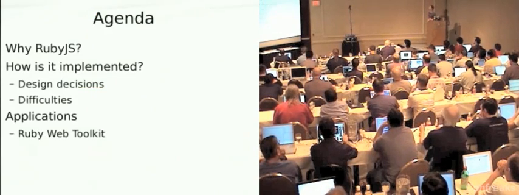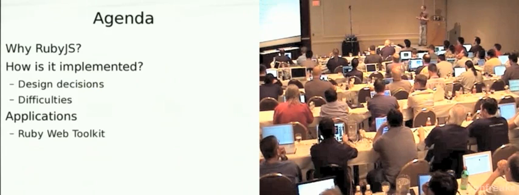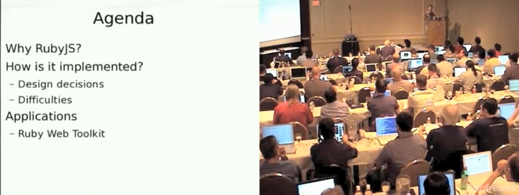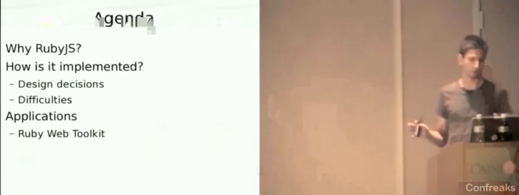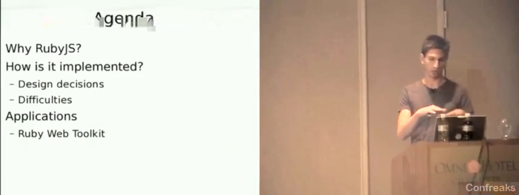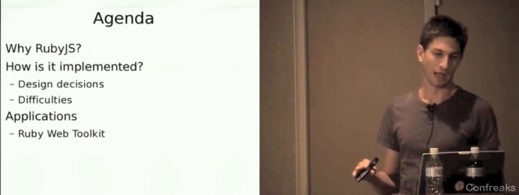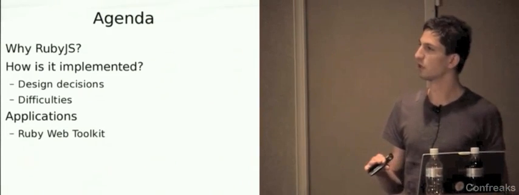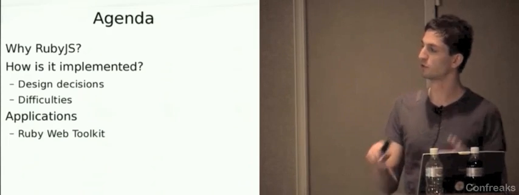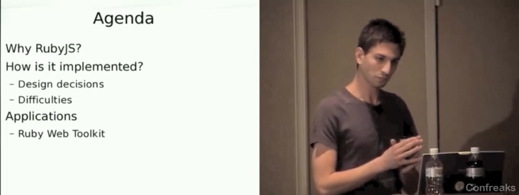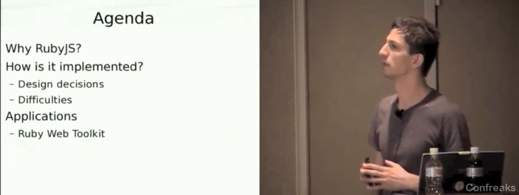At first I would like to spend a few words on why I implemented Ruby.js at all. What were the reasons I had? And then in the second part I will go through the details: what were the difficulties of translating from Ruby to JavaScript, the design decisions I had to make.